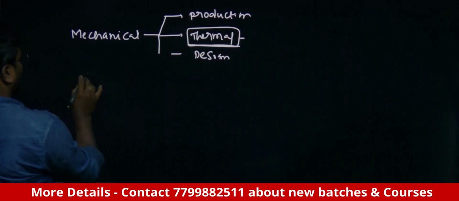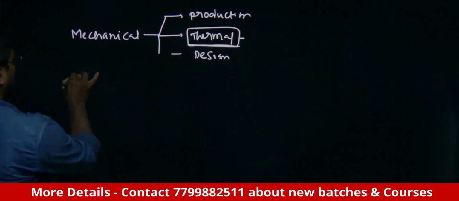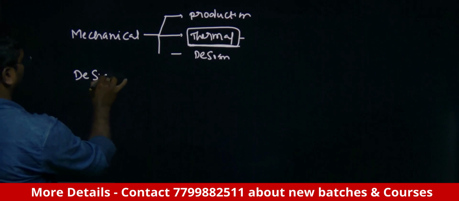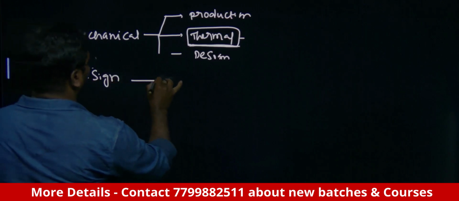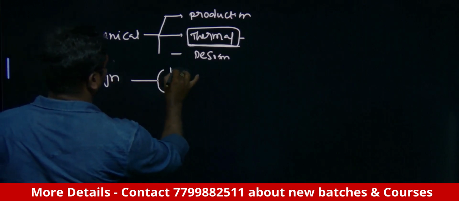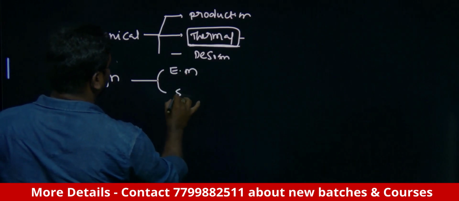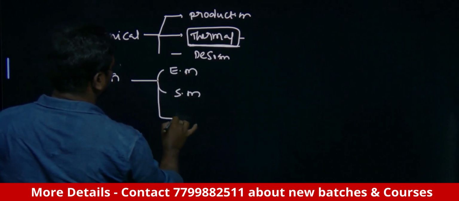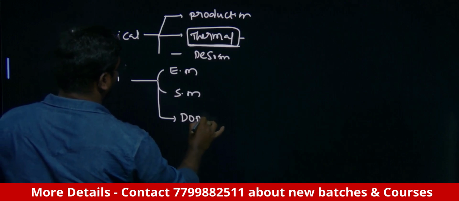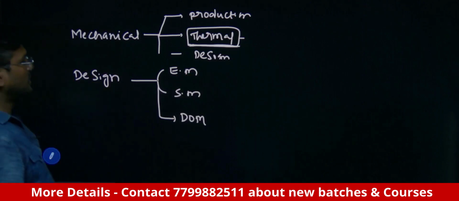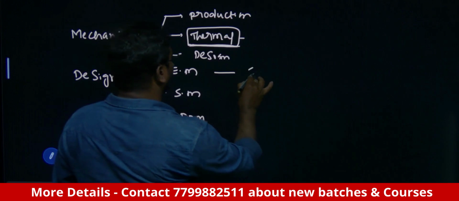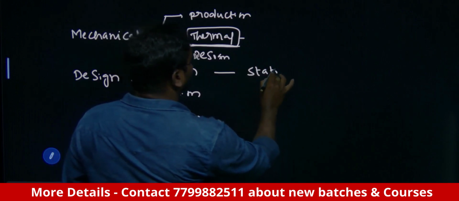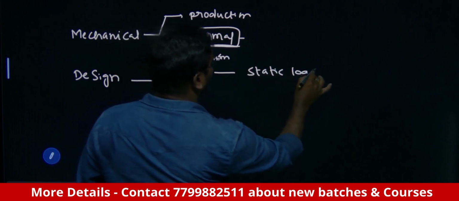The last part is the design part. In the design part, there are three different categories: engineering mechanics, solid mechanics, and design of machine elements. First of all, in engineering mechanics, we study static loading, mostly static loading.